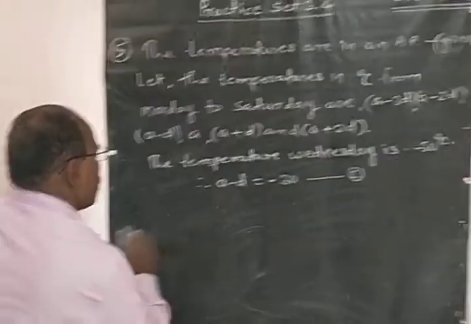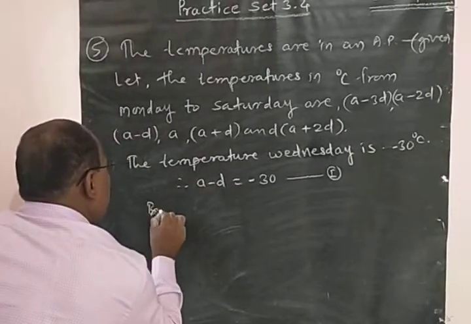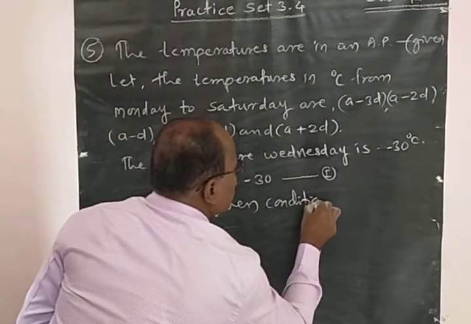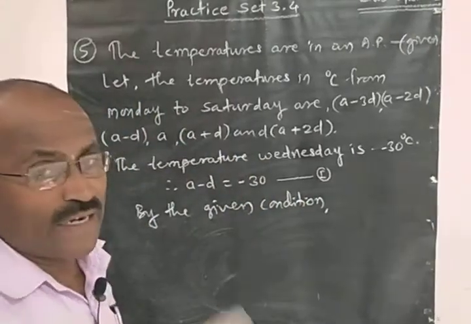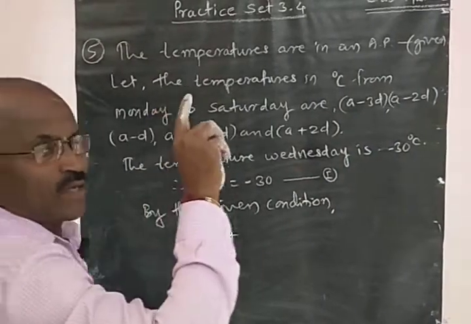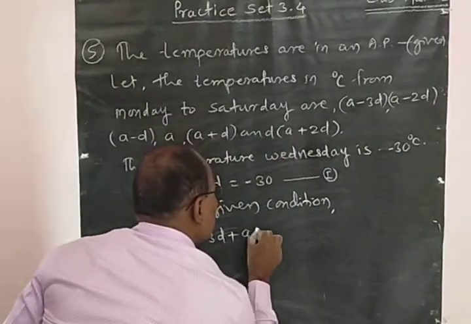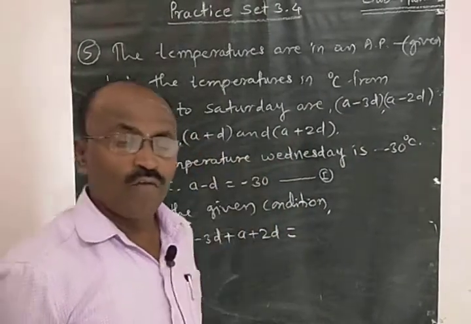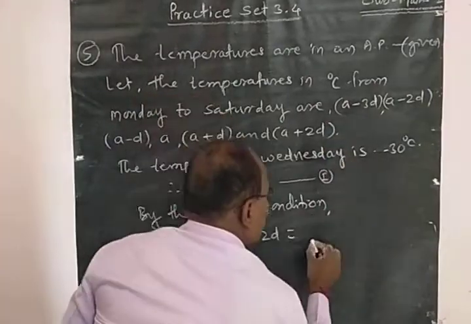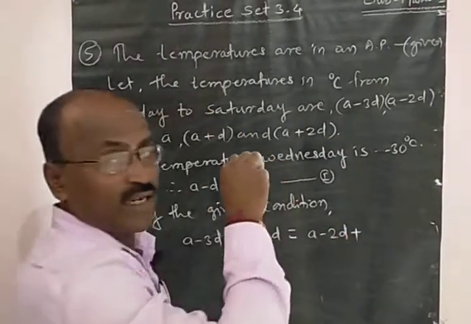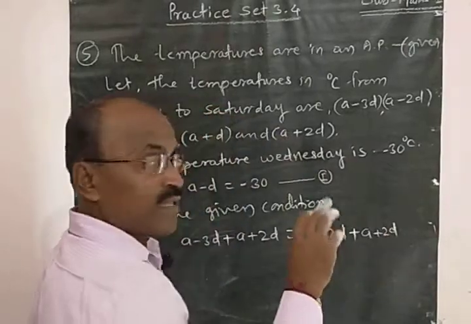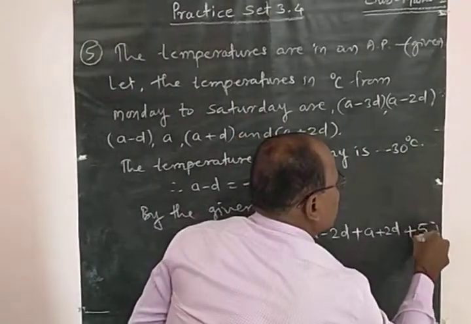So by the given condition, the temperature of Monday is a minus 3d plus the temperature of Saturday is a plus 2d, is equal to the temperature of Tuesday a minus 2d plus the temperature of Saturday a plus 2d, plus 5 degrees Celsius.